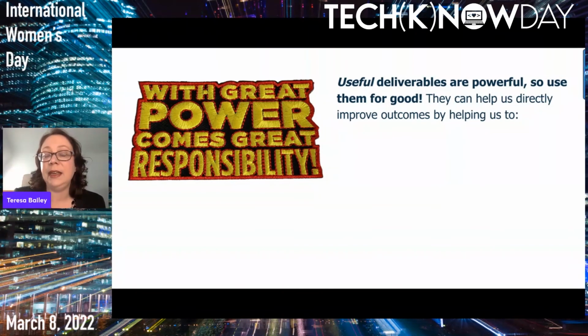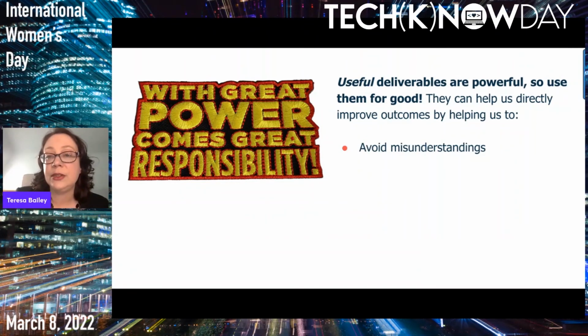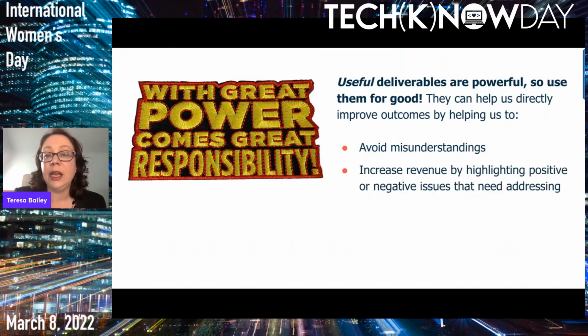And what does that mean? These can help us directly improve our outcomes by avoiding misunderstandings. It can also help us by increasing revenue. So when we highlight positive or negative issues that need addressing and these deliverables are useful and clear, then people are more likely to be able to address those issues.